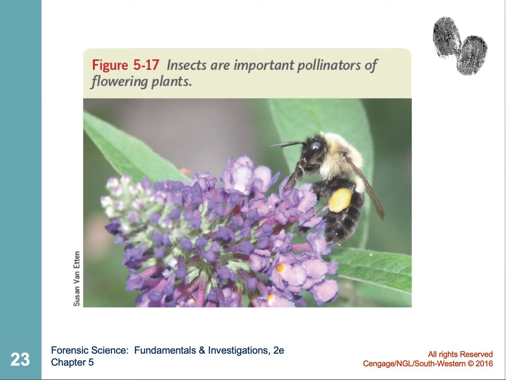Okay. Seed dispersal. I want to talk about that. That doesn't have a section in here. Seeds are going to be dispersed after pollination happens. Once again, it can be the air, the land, or water.